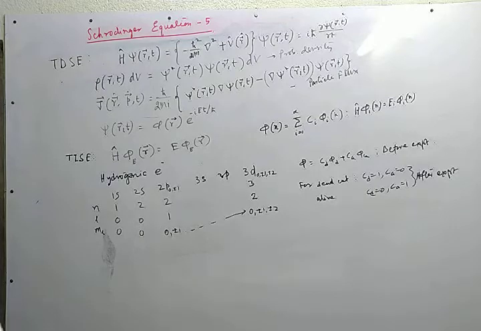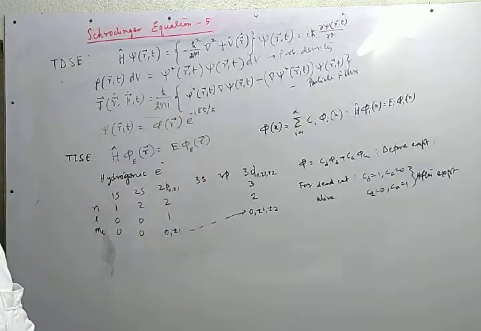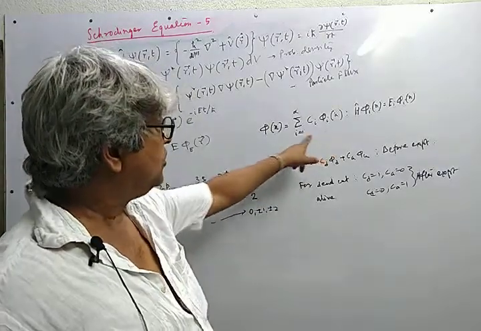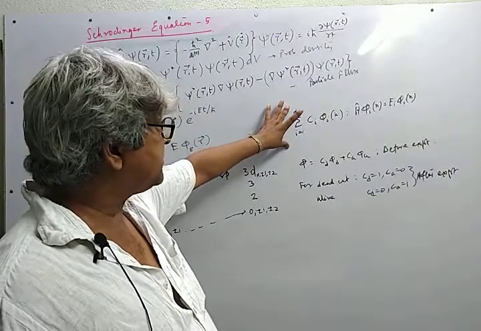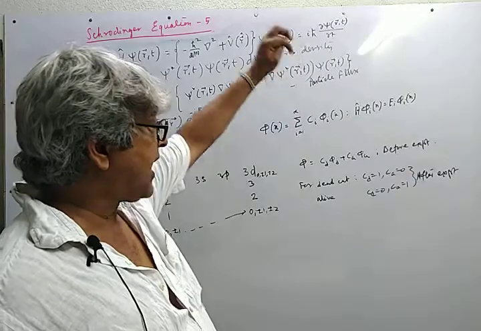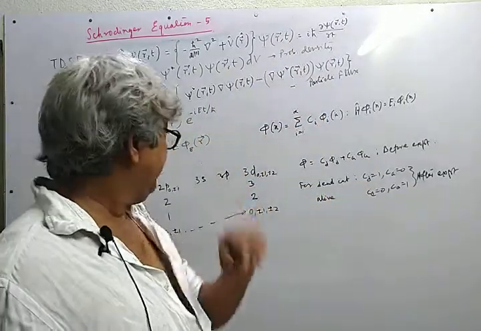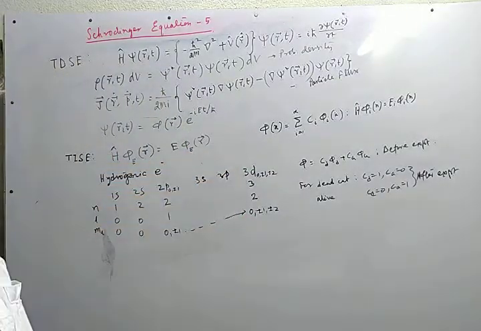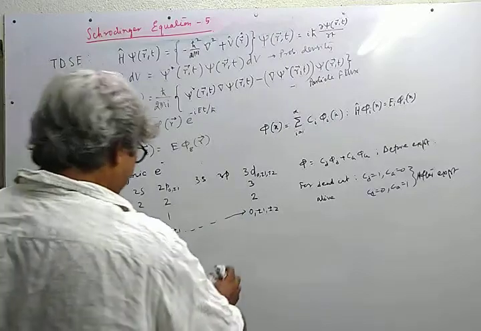Before the experiment was made, the system will be in a state where all the possibilities have been included. So it is the superposition state, and once the measurement is done, the system is dragged to a specific state. There is no superposition. This is a very important principle, superposition. Let me go with this superposition of states.